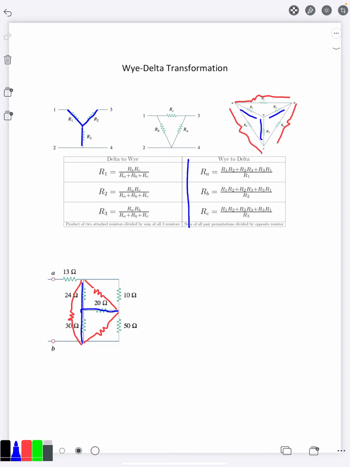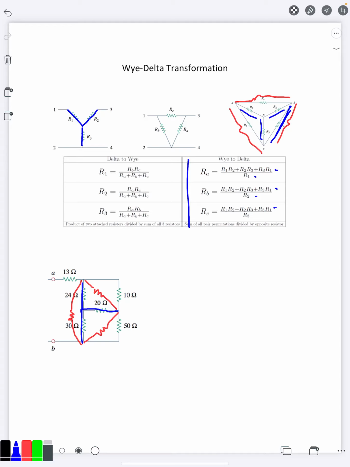And if you look at the patterns here, for RA, actually all of them, RA, RB, RC, they have the same numerator, which is the product of all the pairs of resistances. And then below it, you're dividing by a single resistor. And so RA is divided by R1. It's the opposite resistor here.